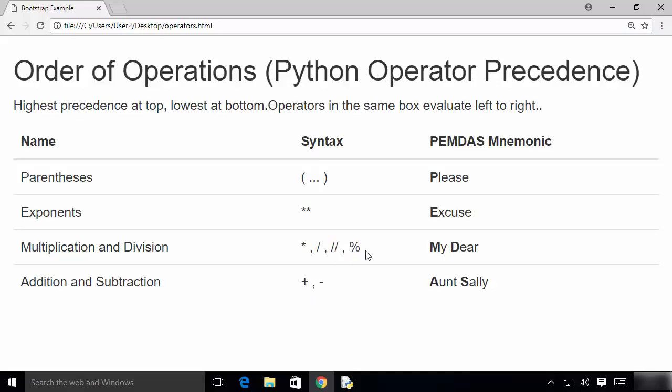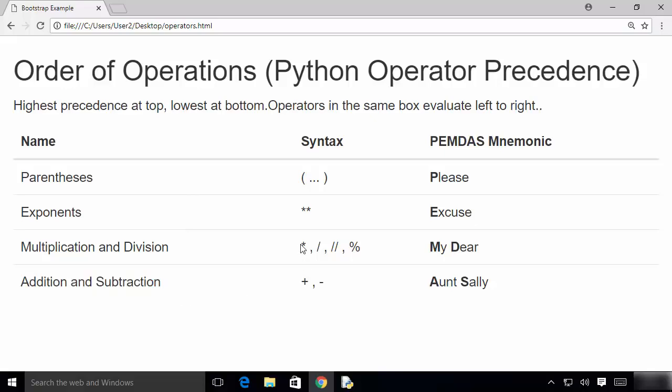But whenever you use operators which are in the same box in the same expression, then whatever operator you use on the left has the highest priority, and whatever operator you use on the right has the lower priority. So in this table, parentheses have the highest priority and the addition and the subtraction have the lowest priority.